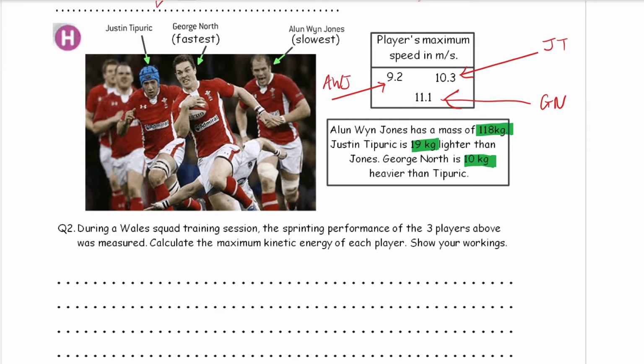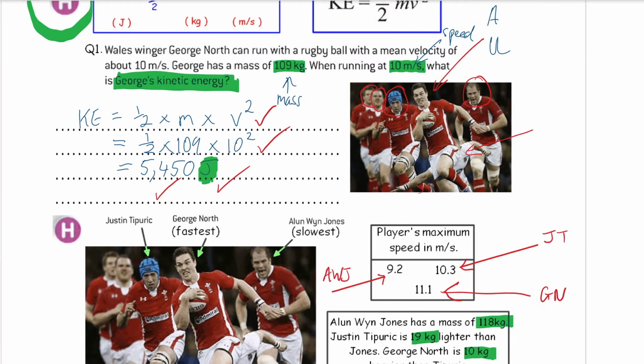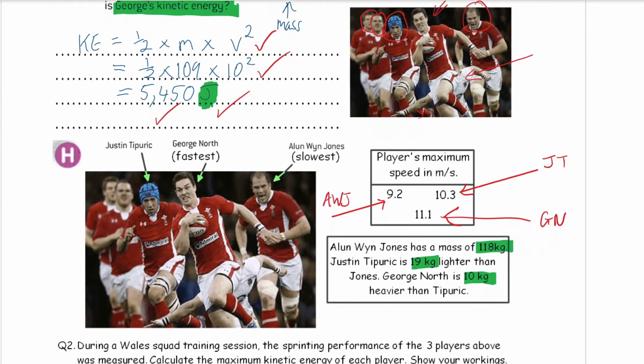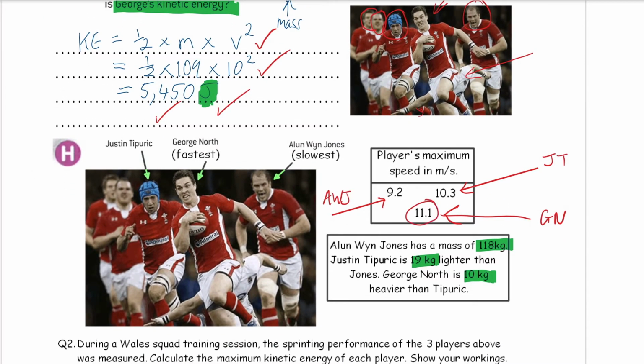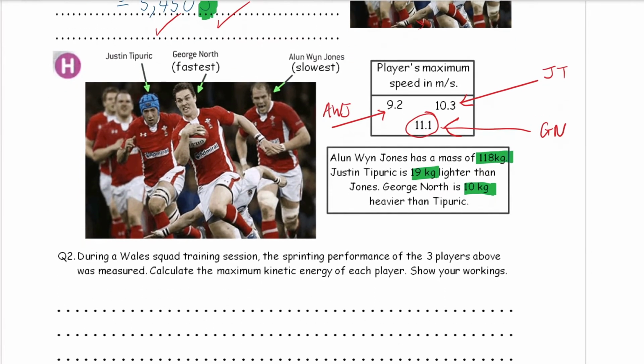So I've shown you how to calculate the kinetic energy there for George North when he's travelling at 10 meters per second. This time he's travelling at this different speed here, 11.1.